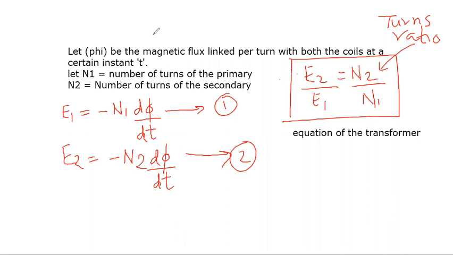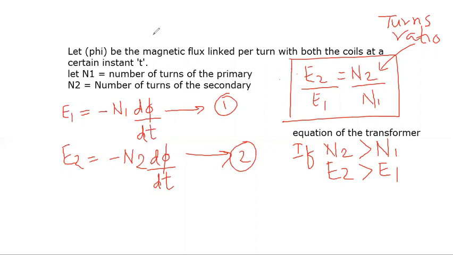Based on this turns ratio, we have two conditions that we have to remember. If N2 is greater than N1, that is, the number of turns of the secondary is greater than the number of turns of the primary, then E2 is greater than E1 because of the above equation.